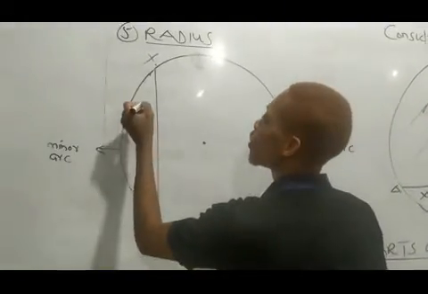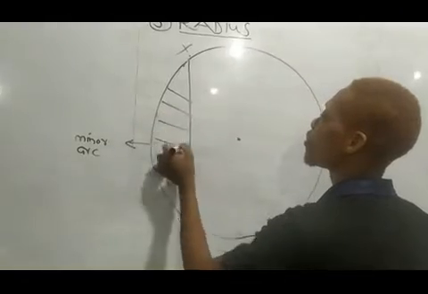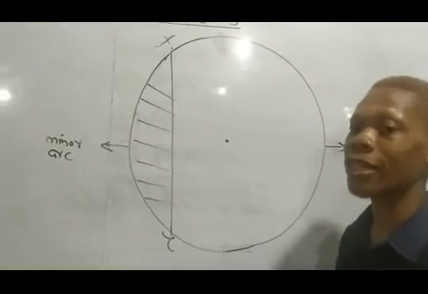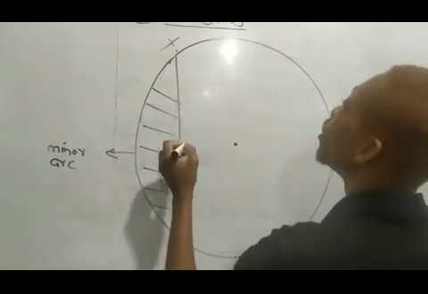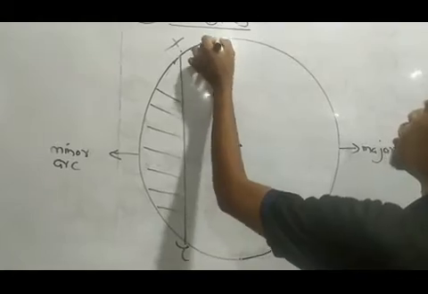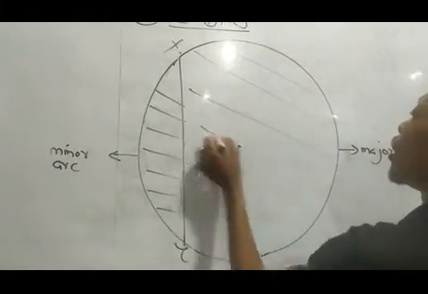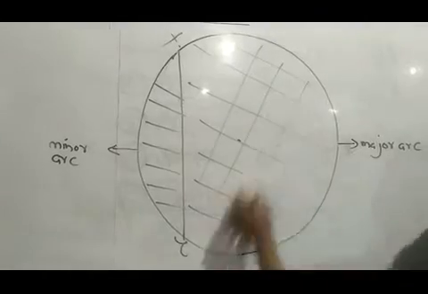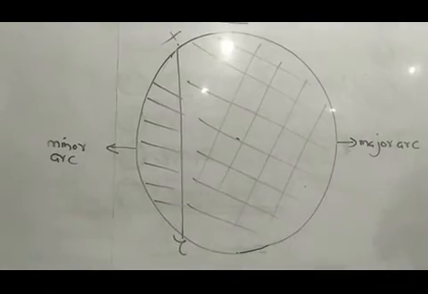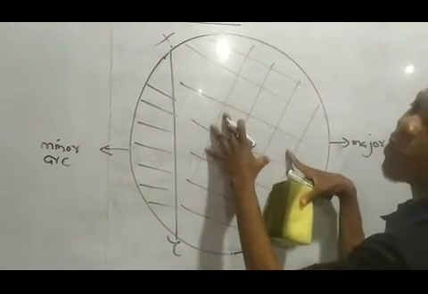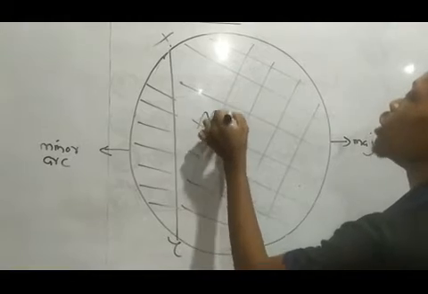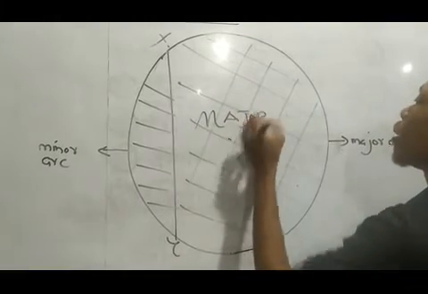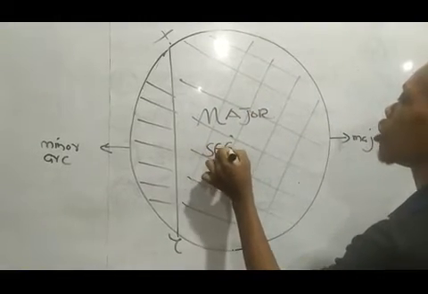Again, we are saying this side is called a segment, and this side is also another segment. But because this side is bigger, this portion is the major segment.